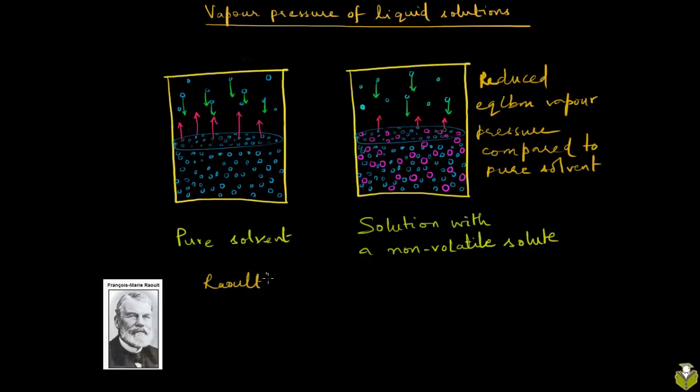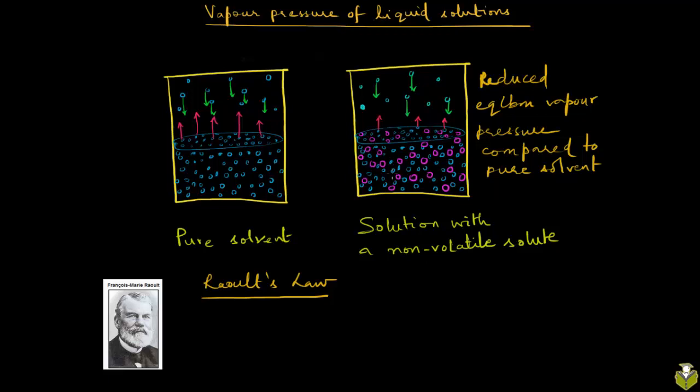Raoult's law, in its general form, can be stated as: the partial vapor pressure of any given volatile component in a solution is directly proportional to its mole fraction.